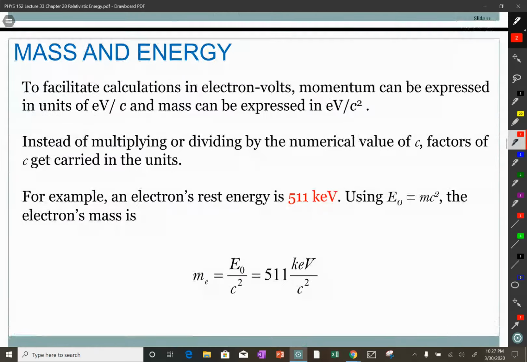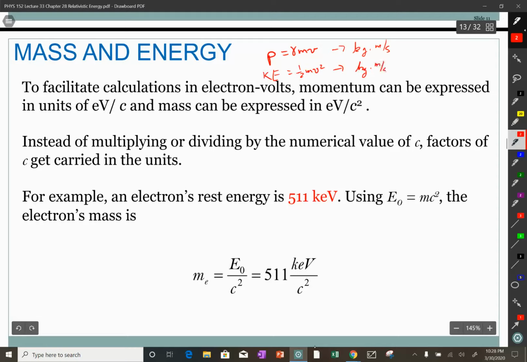We like to talk about things like momentum. Momentum, mass times velocity was our old version, gamma m v is our new version, and it has units of kilograms times meters per second. That's the SI unit. Well, energy, I'll put kinetic energy here, 1/2 mv squared, has units of kilograms times meters squared per second squared, or kilograms times meters per second times meters per second.